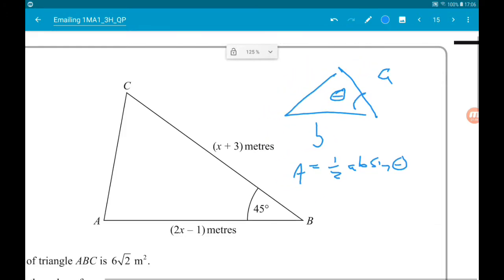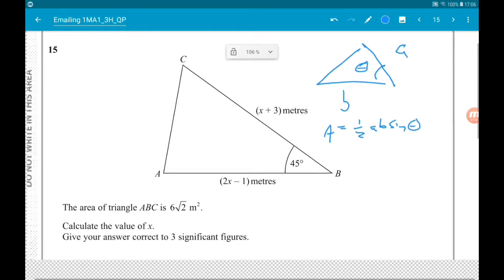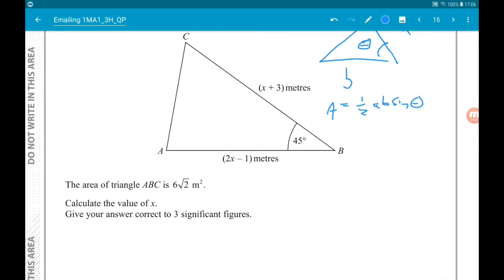So, using that, we can say that 1/2 times x add 3 times 2x minus 1 times sine of 45. Whack that in your calculator, you get root 2 over 2.